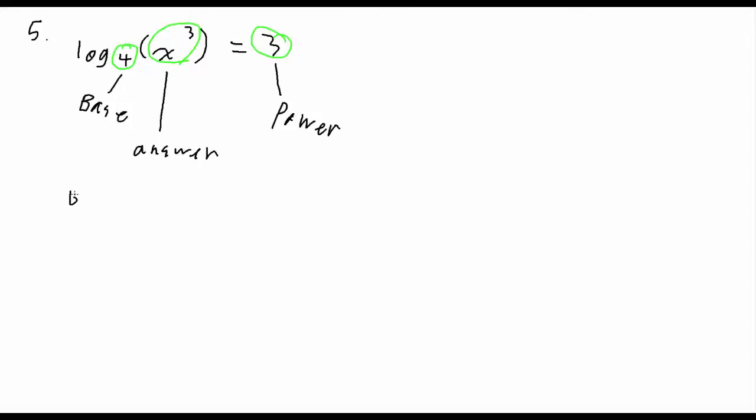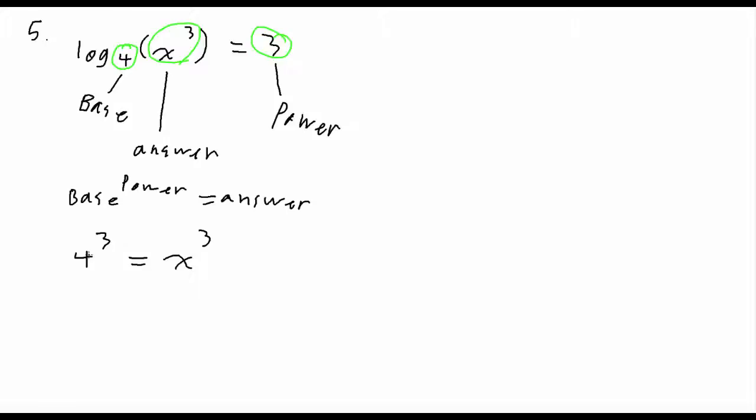then if you raise the base to the power, you get the answer. Well, the base is 4, the power is 3, and the answer is x to the third power, the whole thing, everything inside these parentheses.